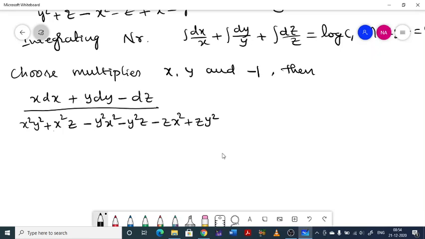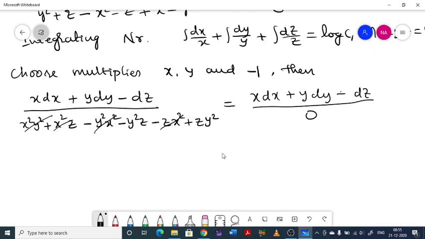So plus x square z cancels with minus zx square, x square y square cancels x square y square, minus y square z plus y square z. As terms get cancelled, you will get x dx plus y dy minus dz divided by 0.